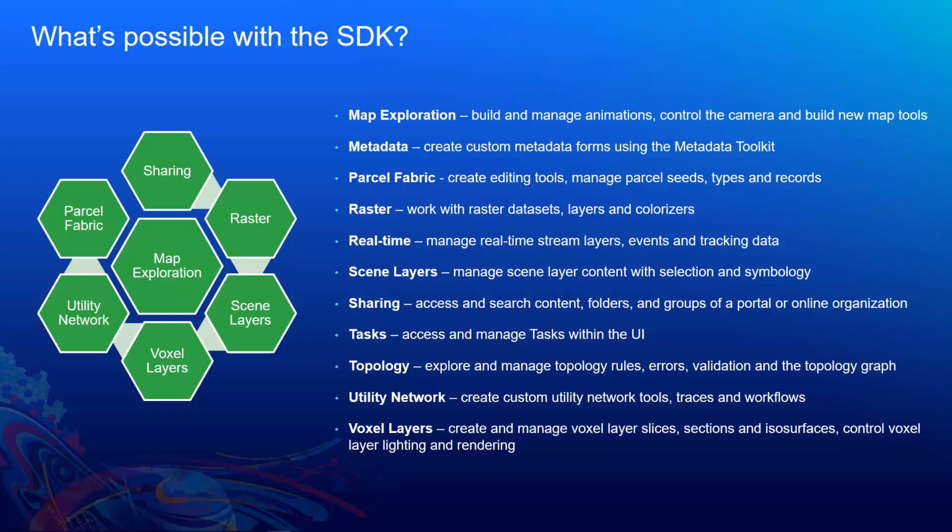Metadata, you can create custom metadata forms using the metadata toolkit. The new parcel fabric available at 2.7 can create editing tools, manage parcel seeds, types, and records. And there's many more API categories as you can see. Raster, real-time for working with stream layers, scene layers, sharing, tasks, topology, utility network, and the new voxel layers API.